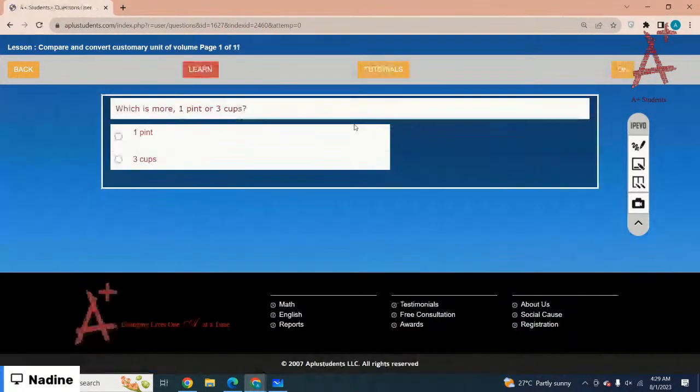So let's just start with the practice questions. Which is more, 1 pint or 3 cups? Which is the correct option?